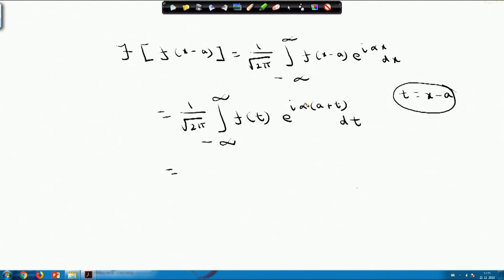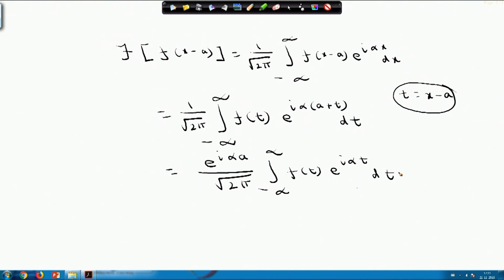e power i alpha a, which is independent of t and which I can bring outside. So, e power i alpha a, if I bring it outside, 1 by root 2 pi integral from minus infinity to infinity, this is your f t into e power i alpha t dt.